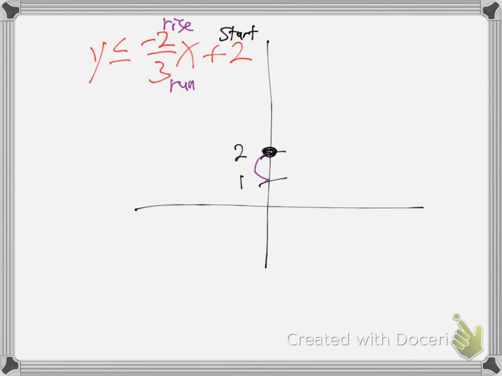So I go down 1, 2, over 1, 2, 3. Right there. So down 2, over 3. See how we got that second dot? We started it up 2, then go down 2, over 3. So we've got our 2 dots. And then we connect our 2 dots to form a line. Is it a solid line or dotted?